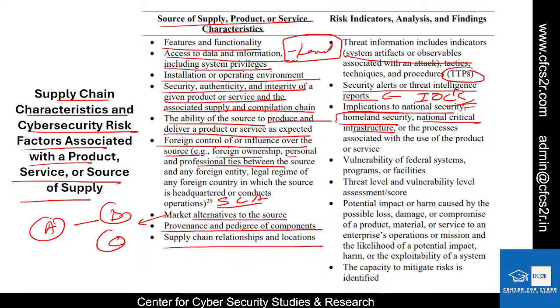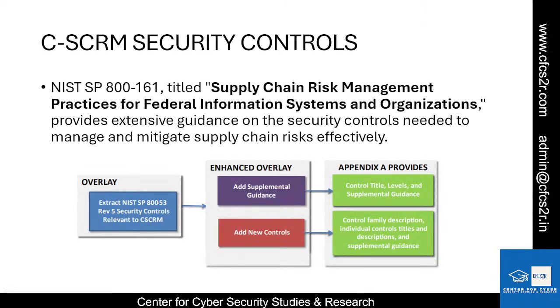Actually, these words are broadly from the USA side, United States of America, because this is the American standard. So these homeland security words are carried over from that particular area. And vulnerability of federal systems, programs or facilities. Federal means your government systems. Threat level and vulnerability level assessment, potential impact or harm caused by possible loss, damage, and capacity to mitigate are identified. So these are the important 5 points that you need to take care of.